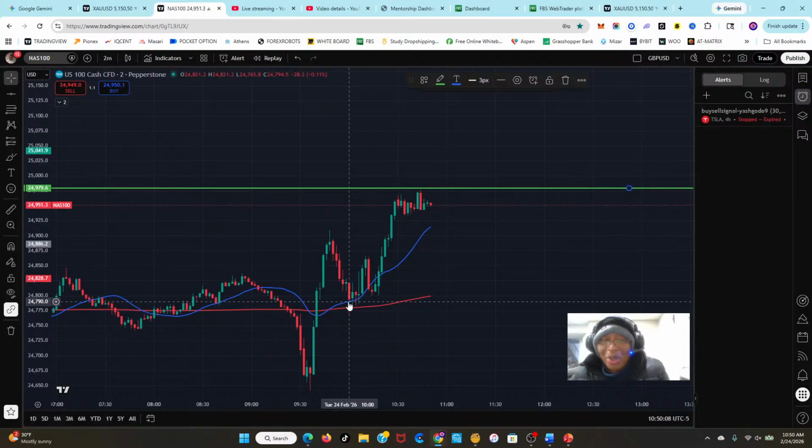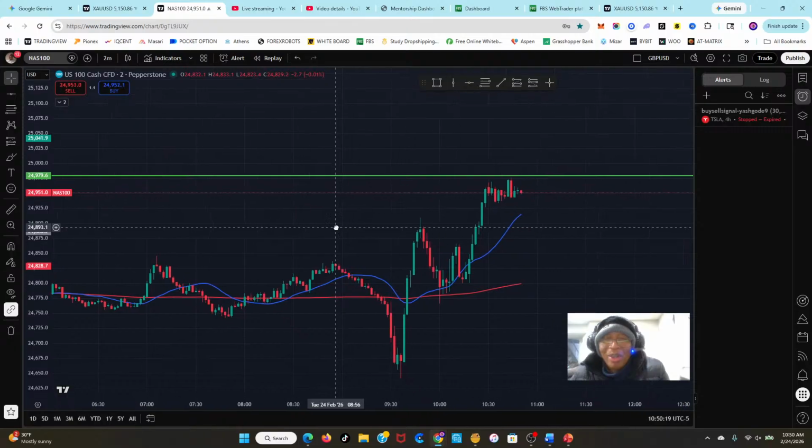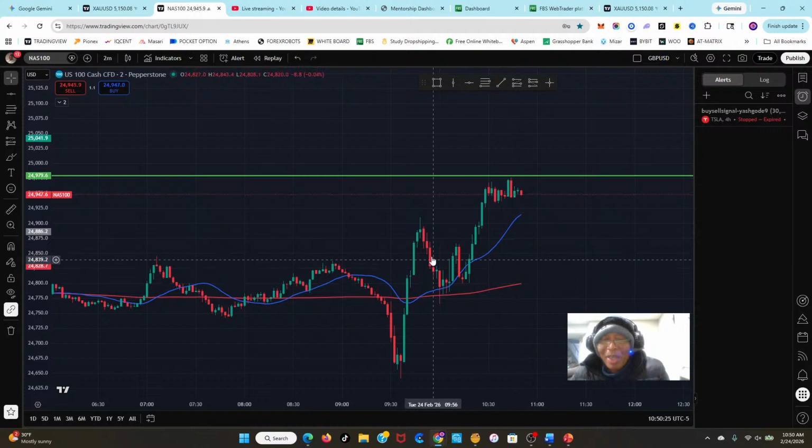You can see all along here, they're just hugging the 20 moving average. It's like a little brother. The parent is the 200. Sometimes the parent stays far away, but the market likes to hug the little brother, the 20.